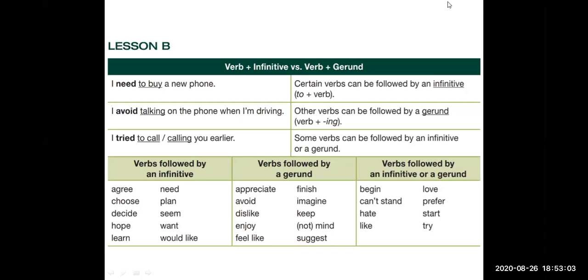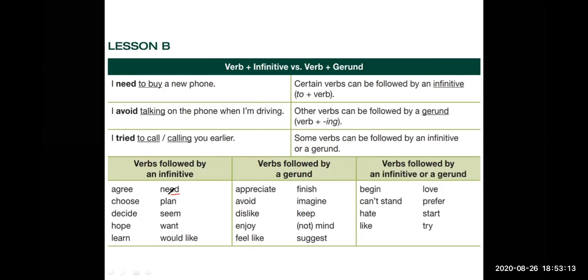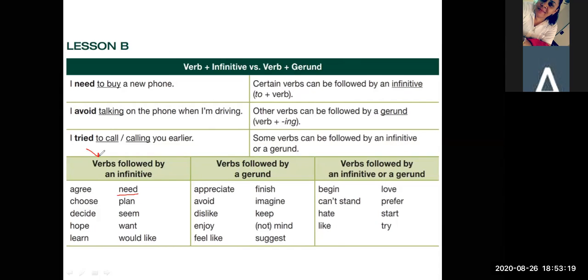I say I need to work. I have that verb in the first group here. And the rule tells me if I am going to use this verb, the other verb should be infinitive. I need to work. I need to sleep. I need to eat. If you see, I am using only infinitive: to work, to sleep, to eat. I need to get money. Understand?